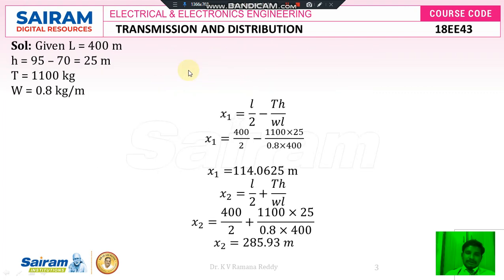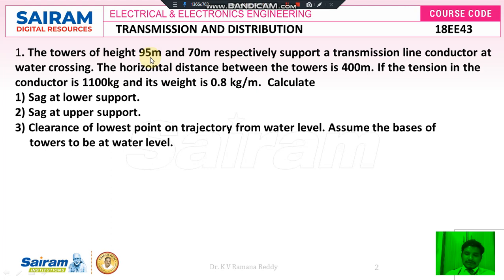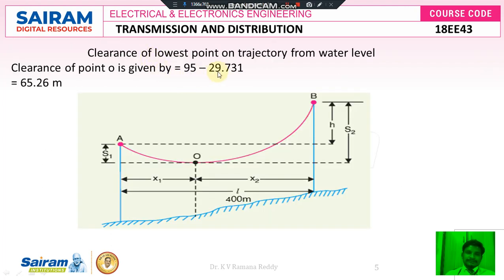In the given problem, tower A height is 95 meters. So 95 minus the sag with respect to that tower, that is 29.731. So 95 minus 29.731 leaves 65.26 meters.